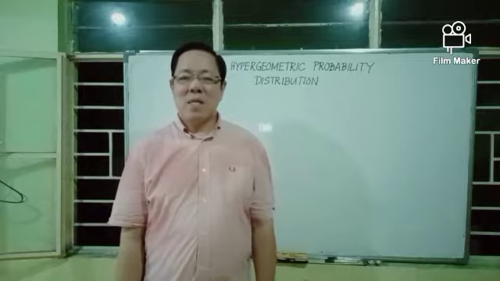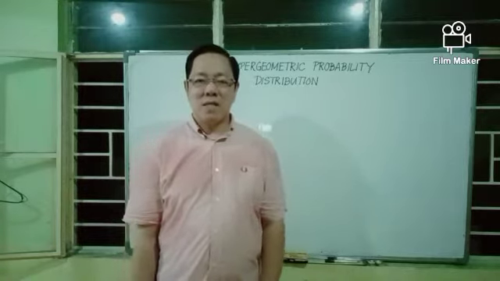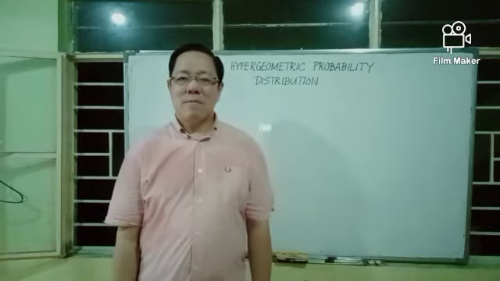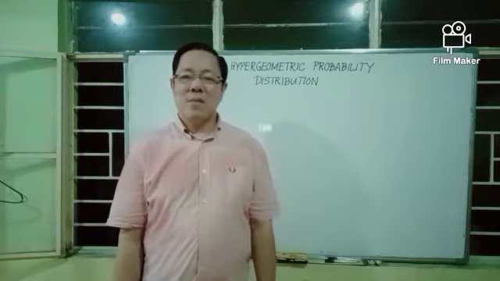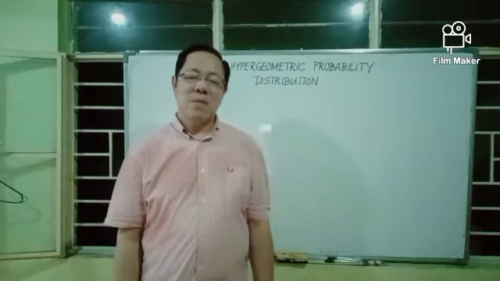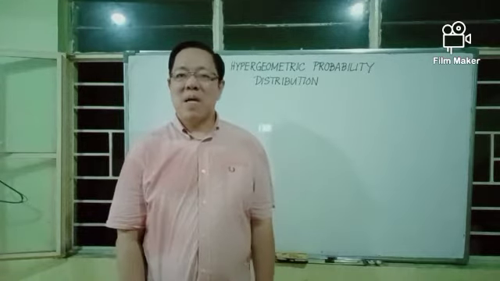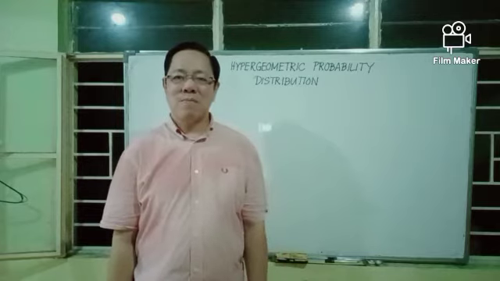The probability of success in the next trial will depend on the probability of success of the trial that has already taken place. And in this case, the probability distribution of the random variable is best described by hypergeometric probability distribution.